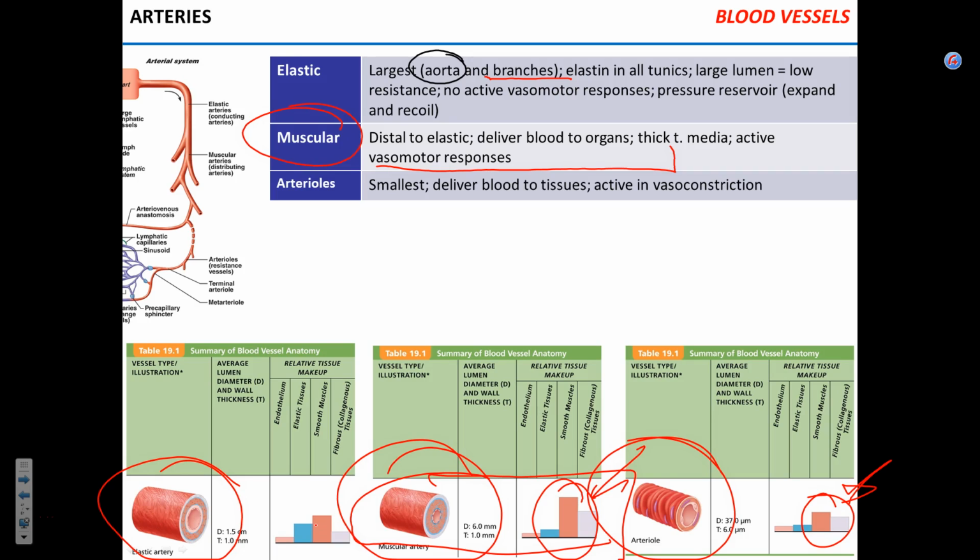It's just impossible. If cells try to stick to the vessel wall, they will be washed away. So there's no exchange, and the vessel wall is extremely thick. Now these guys have thick walls, active vasomotor response. Again, not for elastic, but muscular arteries and arterioles. They regulate their diameter pretty effectively.